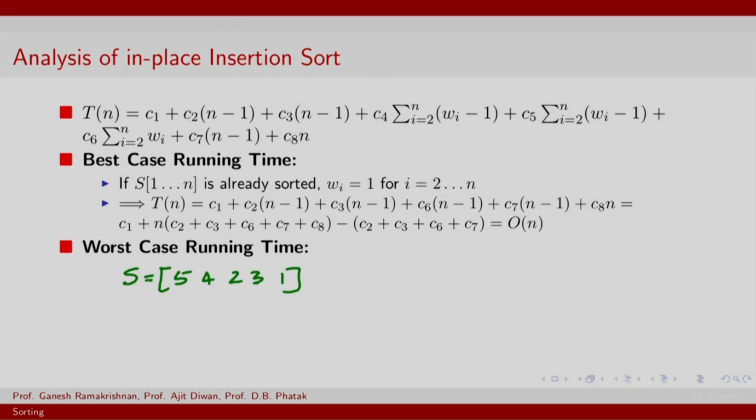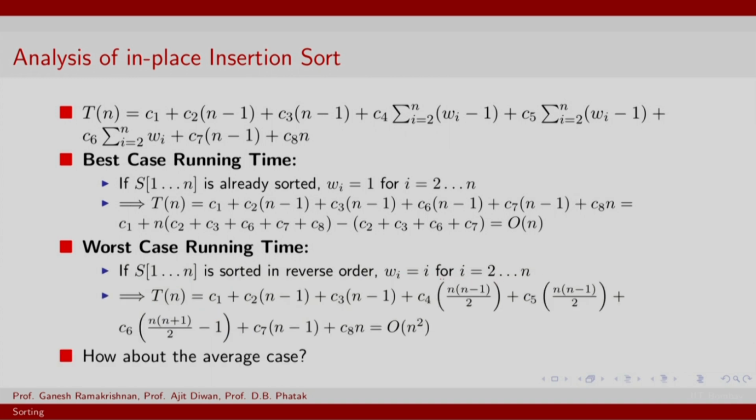For any of the elements, whether it is 4 or 2, you need to go all the way to the left, because you are dealing with a new smallest element. So in all these cases, Wi for i equals 2 will be 2, then Wi for i equals 3 will be 3, and so on. So Wi will basically be i.